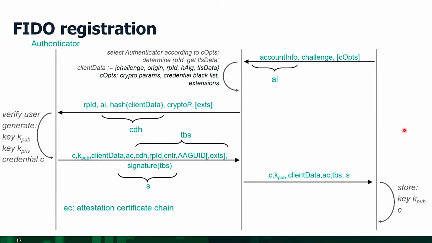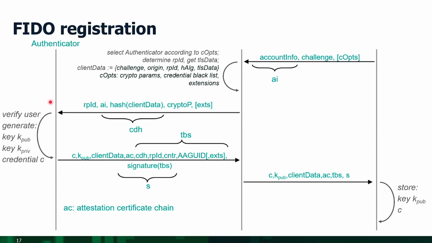So when a relying party lets a user register a new authenticator with the site, the relying party provides information about itself that it delivers to the code that's managing the authenticator, and it includes things like the origin of the site, which is used to make sure that when authentication is done later, it's the same origin asking for the authentication as created it. And there's a variety of other parameters that are provided as well.